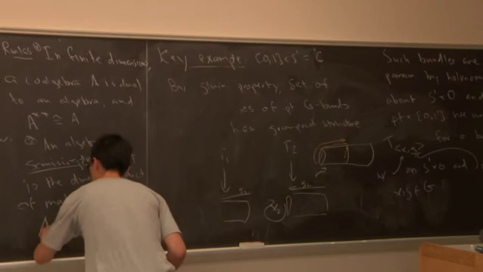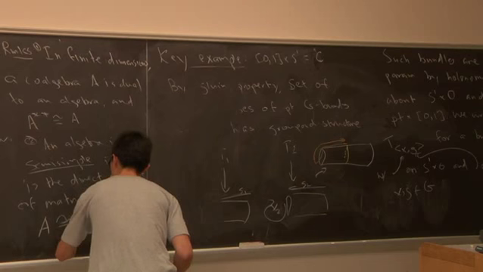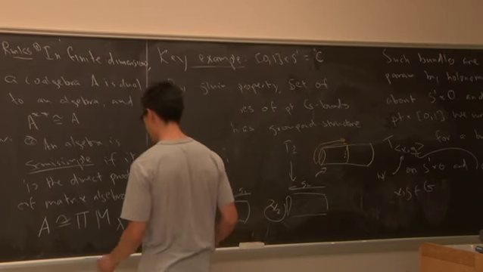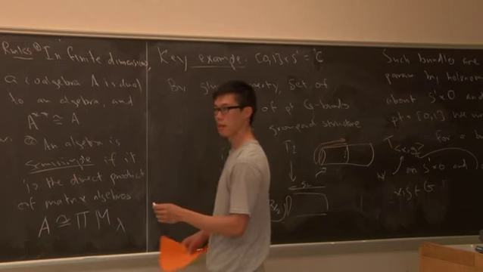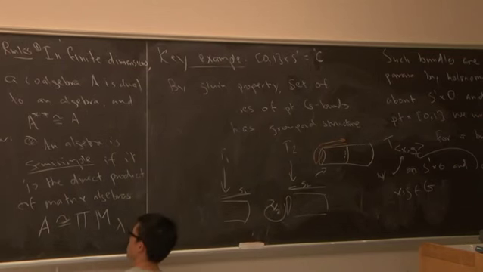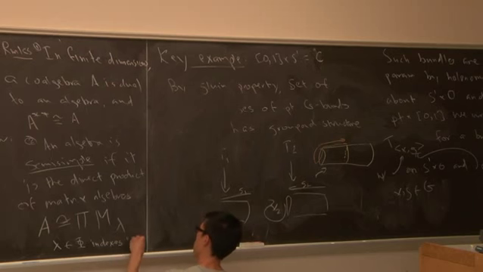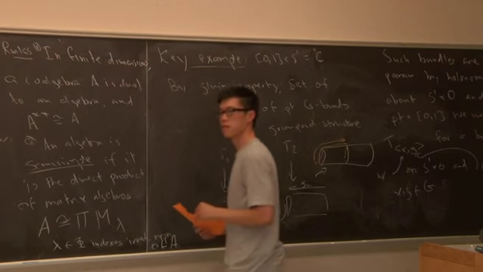So A is isomorphic to some product of, say, m lambdas, and this is notation that will come up later. So the lambdas are going to be in some big set called phi that indexes irreducible representations of A, right?